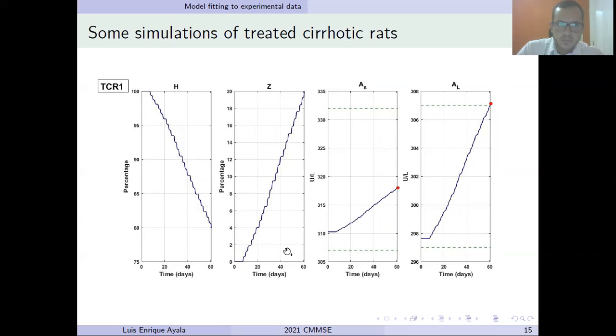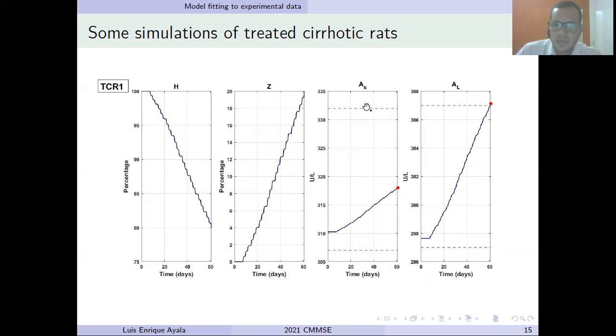This graph corresponds to a treated cirrhotic rat. In this case it is rat 1. We can see that as time goes on, the healthy hepatocytes increase until 80%, and the damaged hepatocytes here decrease, and here increase until 20%.